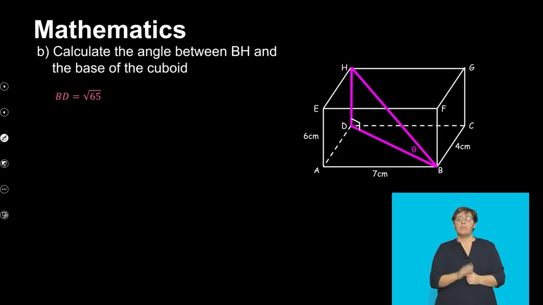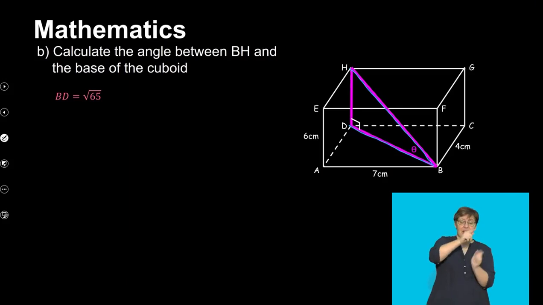Now they've asked us to find the angle between BH, which is this line here, and the base of the cuboid. So they want the angle between that and that. Now remember earlier we found this BD to be the square root of 65.